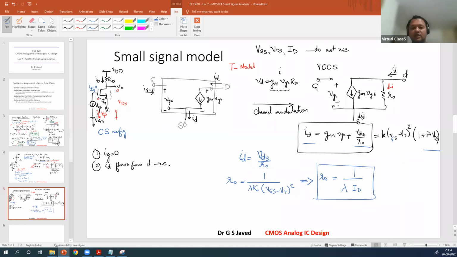Remember, the small signal current that you will use in most analysis is ID equals gm times VGS plus VDS over R0. So this is the equivalent representation that you will see and understand. Now, let me close here.